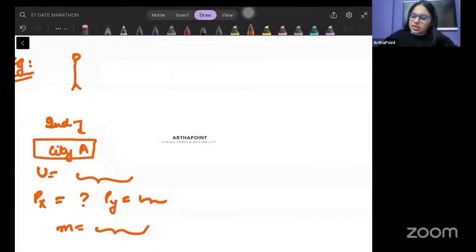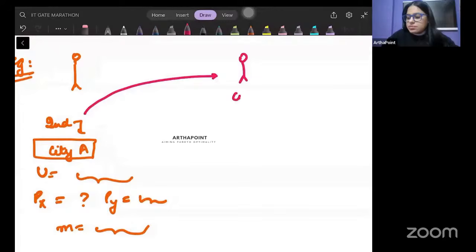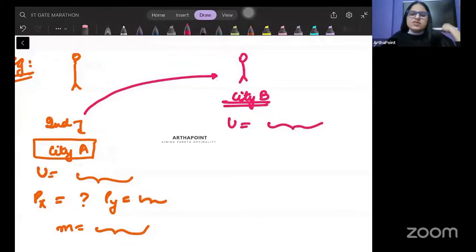His company told him that we are transferring you to city B. In city B, his utility function is the same, but city B is very expensive. Imagine this person goes from Delhi to Bombay, and Bombay is more expensive. The price of goods has increased.